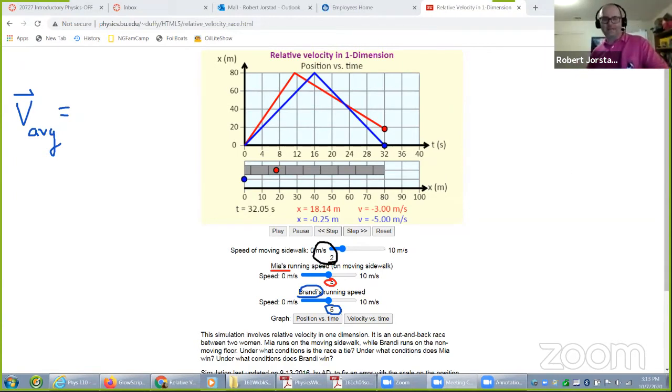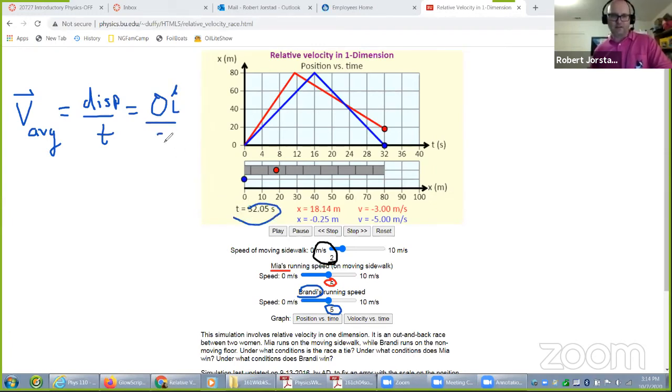What do you think? Exactly. Nice, Jose. Because remember, velocity is displacement with a P, not distance. The total displacement is 0 in the I hat over how many seconds? 32 seconds. Okay. 32 seconds.